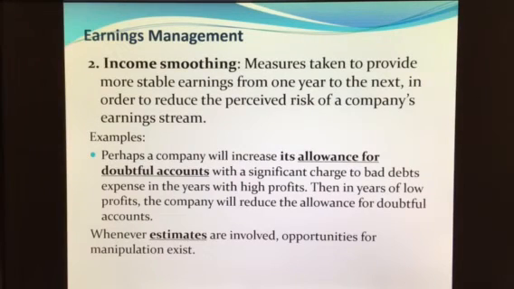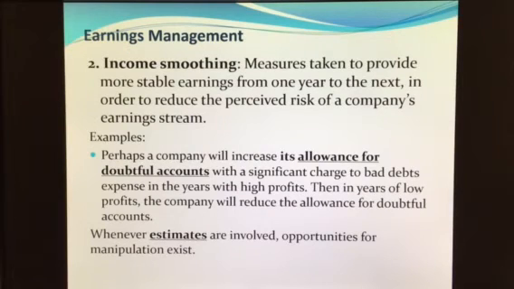Well, maybe a company will increase its allowance for doubtful accounts, which is where we, of course, account for bad debt expense, and increase the estimated uncollectibles related to our accounts receivable. And so it may increase its allowance for doubtful accounts in a given year with a higher charge to bad debt expense.